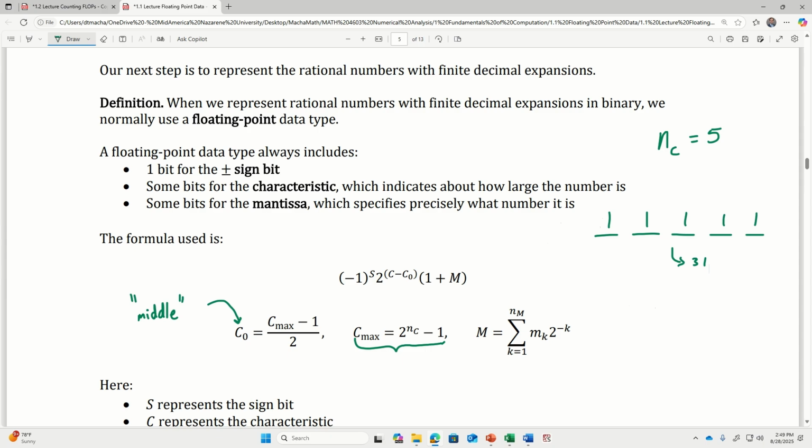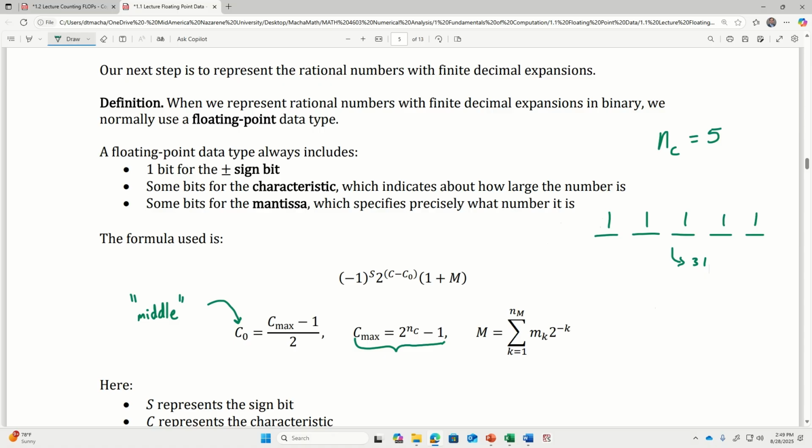And if I can take small values of the characteristic like 0, 0, 0, 0, 1 or 0, 0, 0, 0, 0, and then subtract something that would be about in the middle, now I have a negative exponent, and 2 to a negative exponent is going to give me a very small number, and it allows me to access the numbers that are on the small end of the scale.